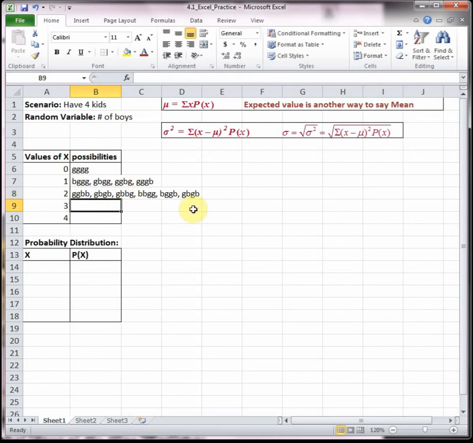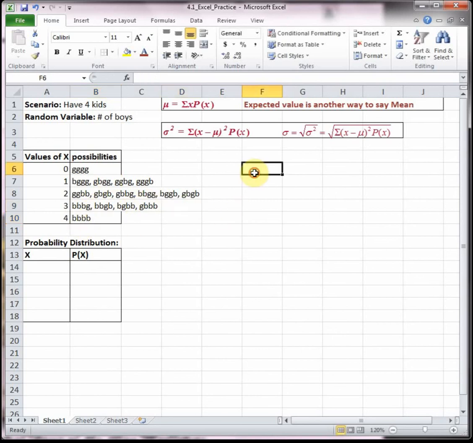If we have 3 boys, the boys could come first and then the girl, or the girl could come at any point in the lineup. Or if we have 4 boys, that means we have boy, boy, boy, boy. So let's see, how many is that? That's 1, 2, 3, 4, 5, 6, 7, 8, 9, 10, 11, 12, 13, 14, 15, 16.